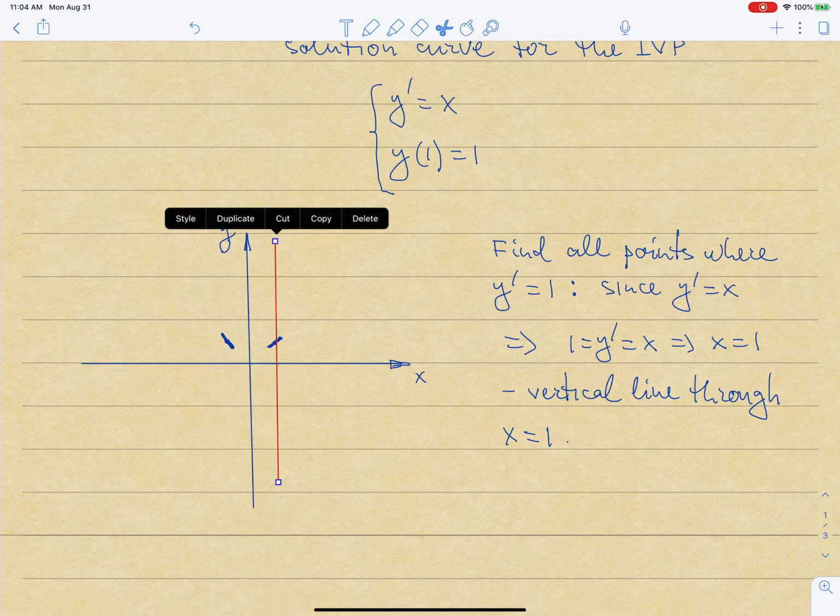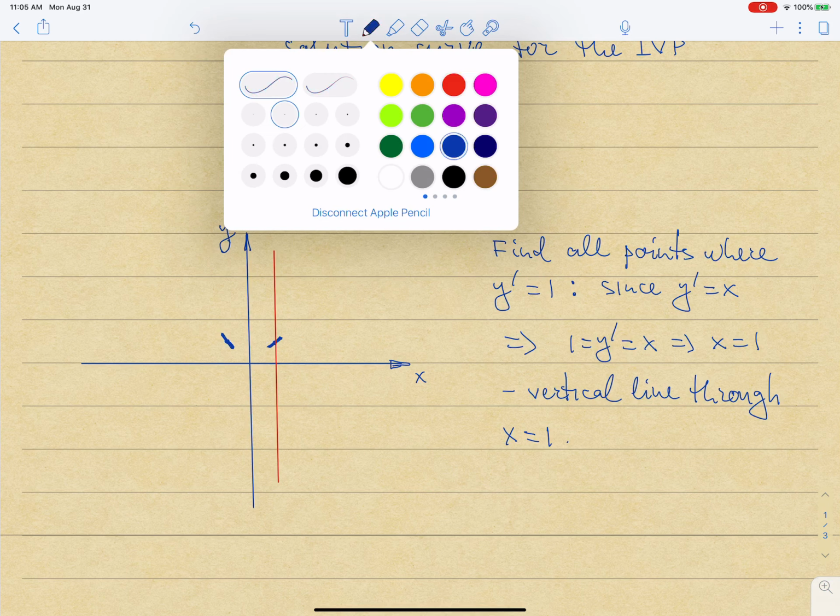What I know about this line is that at all points on such a line, whenever a solution curve crosses a line like this, then its slope must be equal to 1.